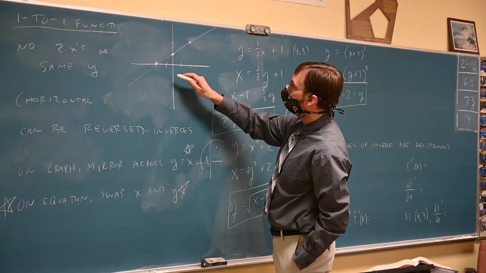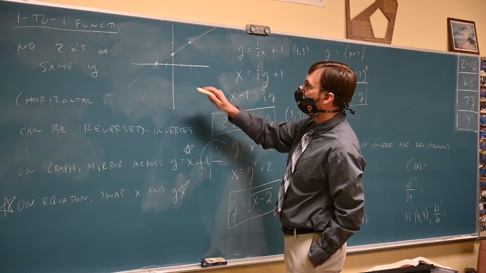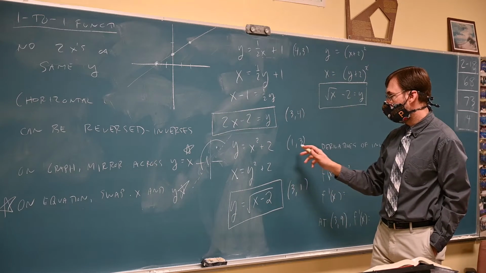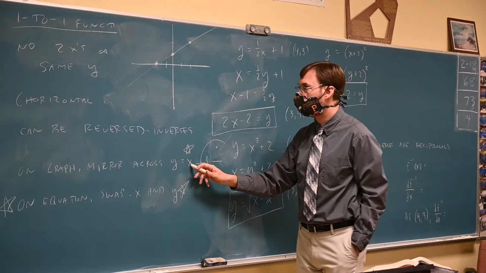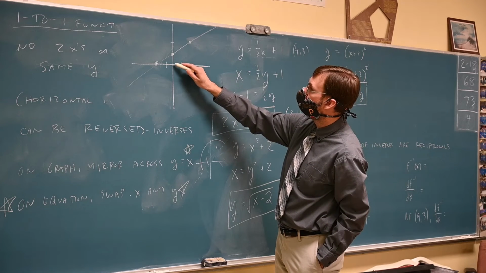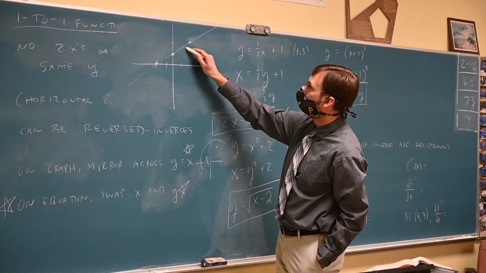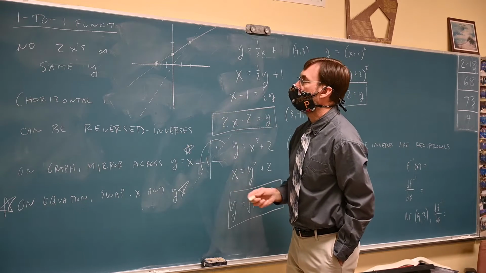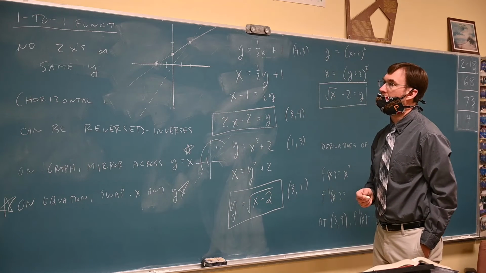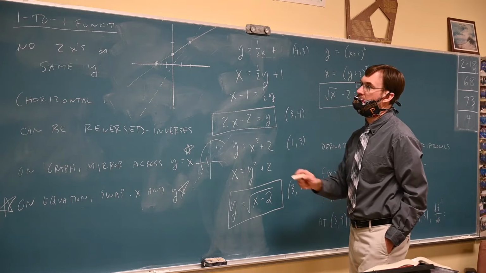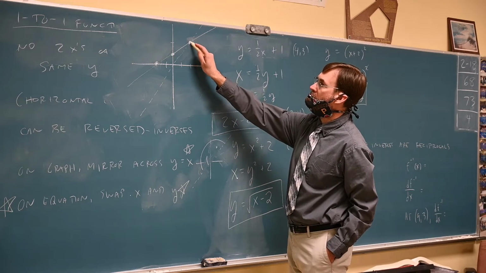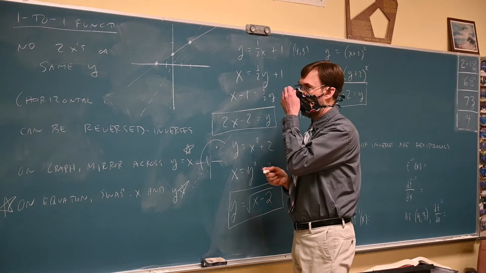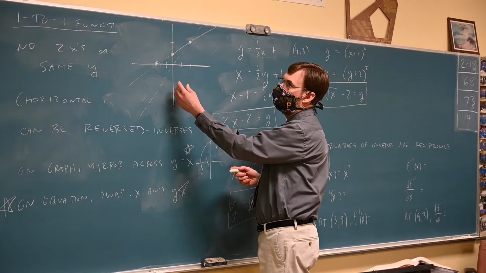So if I wanted to graph the inverse, I'd have to draw the line y equals x, which means I'd be going through 1, 1, 2, 2. This is the line that would create a mirror type situation. This would be a touch point on the line, so that doesn't have to move anywhere. And then we could just change a couple of points.